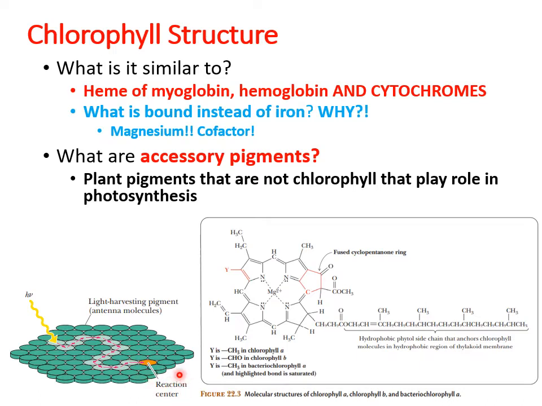So this site is very important. This reaction center will be the site of a special pair of chlorophylls that are responsible for trapping light energy, harnessing the solar energy.